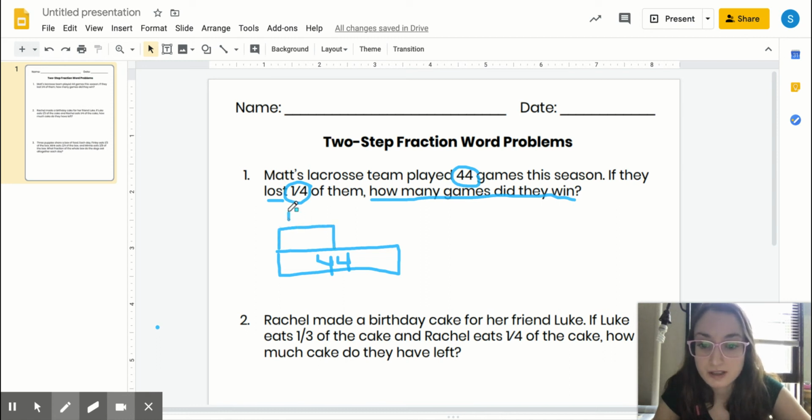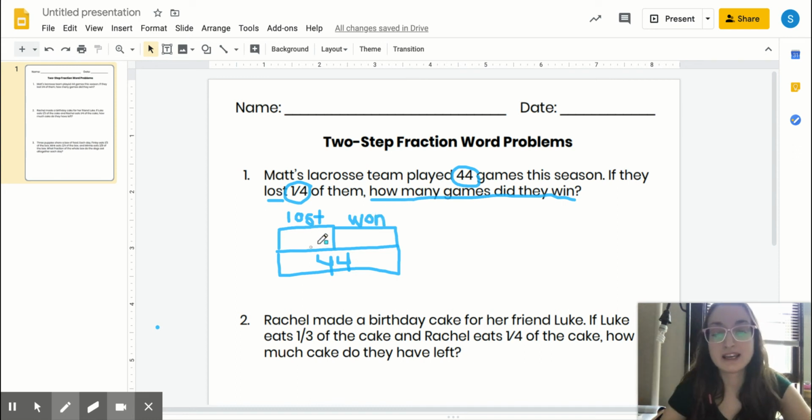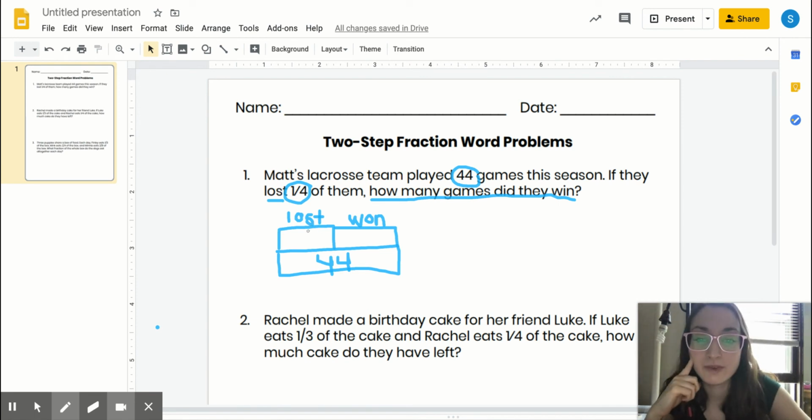So we know that some part of it was the amount of games that they lost. And we know the rest of the games they won. Now, do we know how many games Matt's team lost? No, we don't know how many games yet, right? But we know that they lost 1/4 of their games.